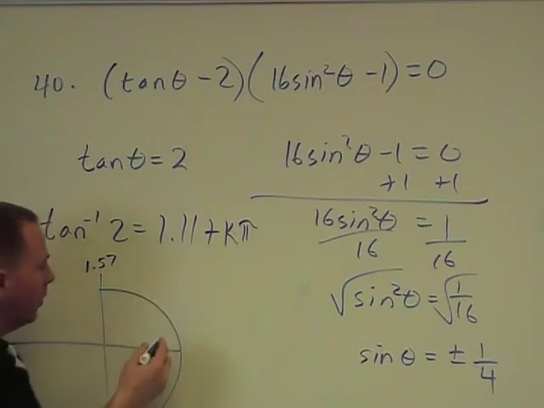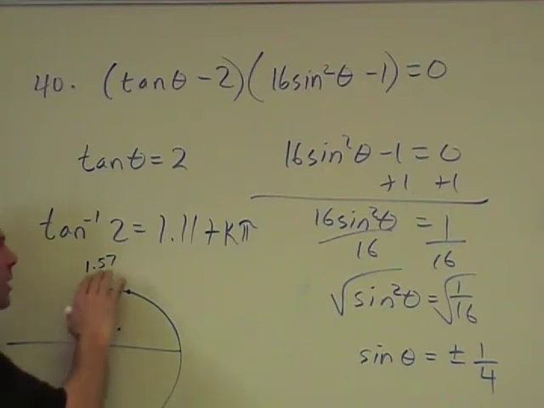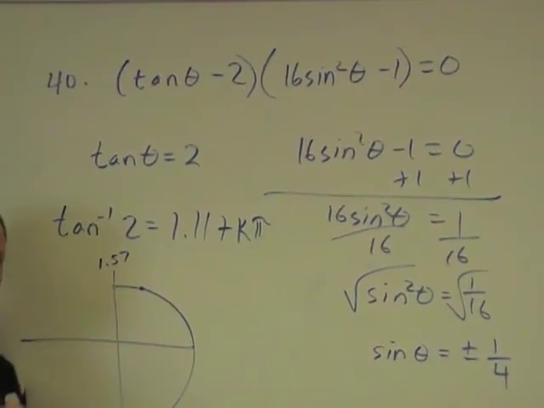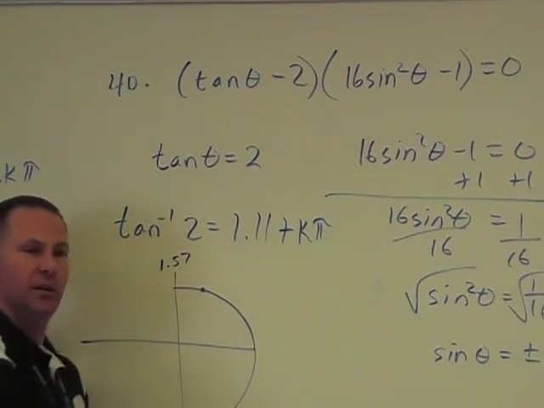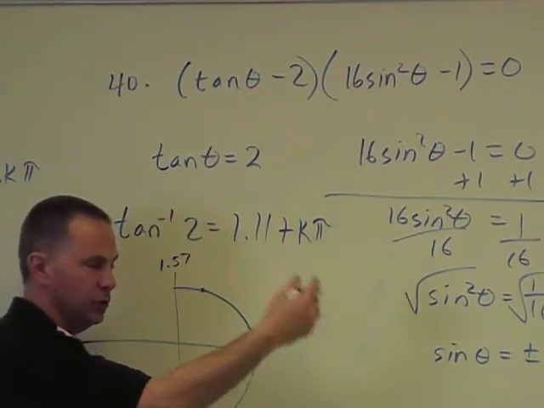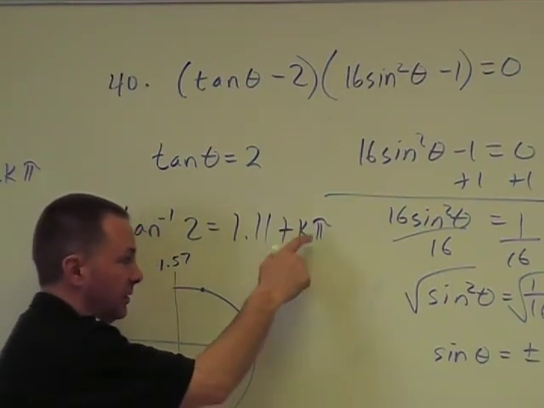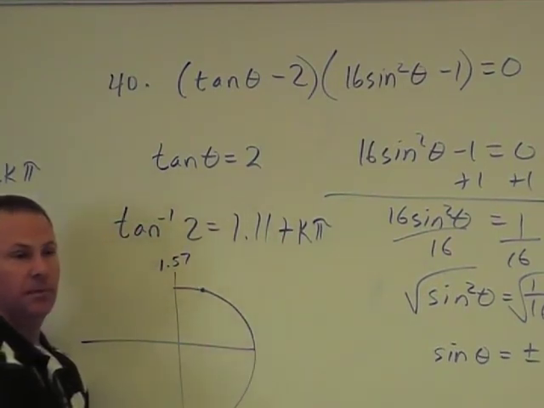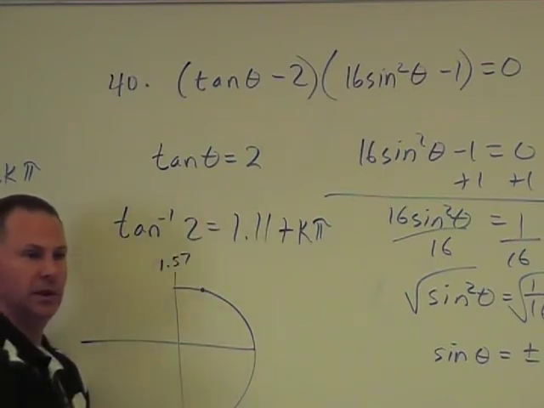So 1.11 is about somewhere in here. So this part is within the parameters of arctangent. If I add 3.14 to it, I'll get 4.25. If I add 6.28 to it, 7.39.